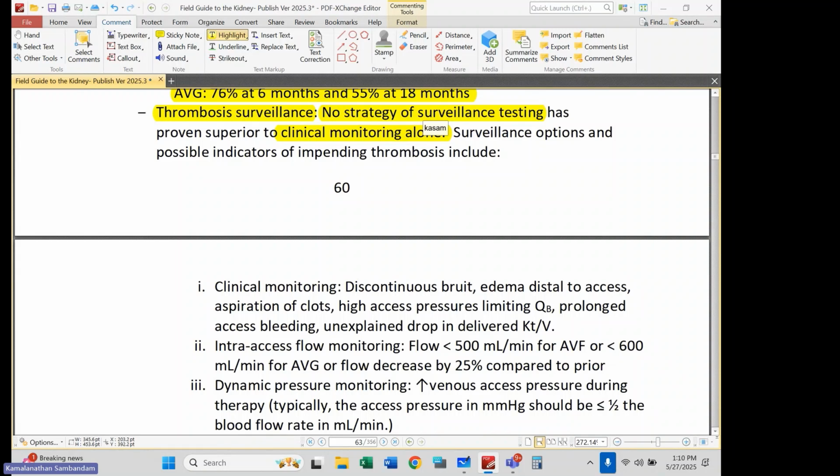Okay, so doing flow monitoring, often we do something called transonics, which is basically looking at the dilution of a bolus of saline by measuring changes in temperature as you're using this transonic device. So these have not shown improvements in patient-relevant outcomes with respect to access patency.